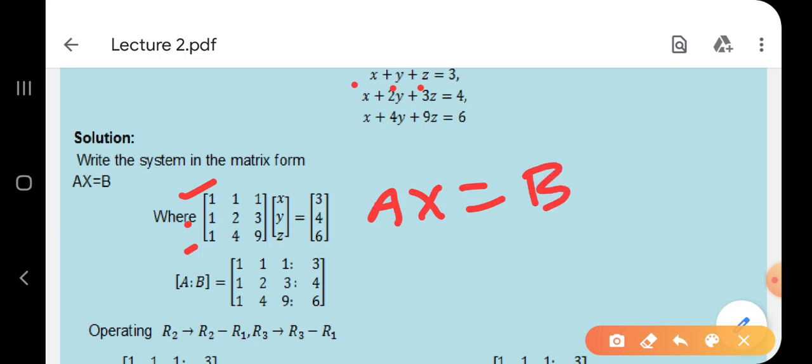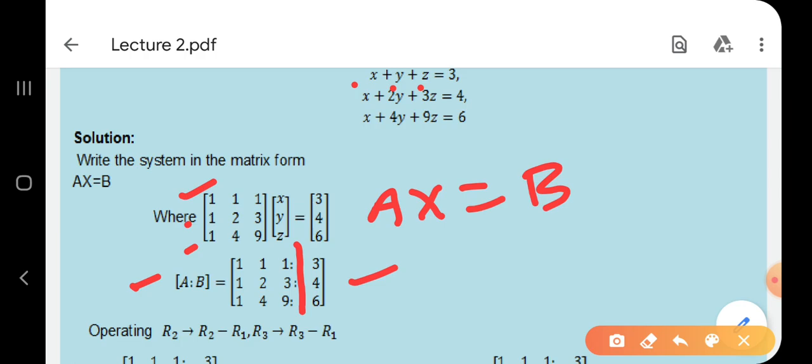From this, write down the augmented matrix AB. Augmented matrix AB is equal to matrix A completely and matrix B completely, separated by a line. Instead of a line, here colons are used. No problem, you can use a colon also.